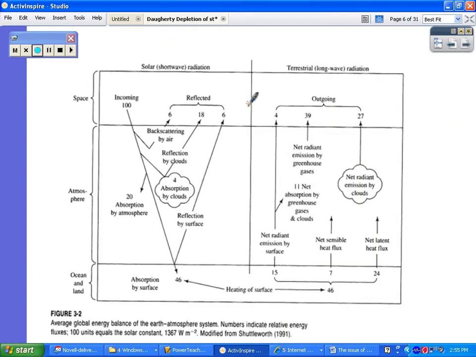Here's a graphic reminding us of the fate of incoming radiation. We've talked about this a million times by now, but we'll go over it one more time, and you're actually going to talk about it with climate change in your next notes. So here you can see out of all of the incoming UV radiation, a certain percentage is absorbed by the atmosphere, some is absorbed by clouds, some is reflected back by clouds, some is reflected back by the surface, and some is actually absorbed by Earth's surface.